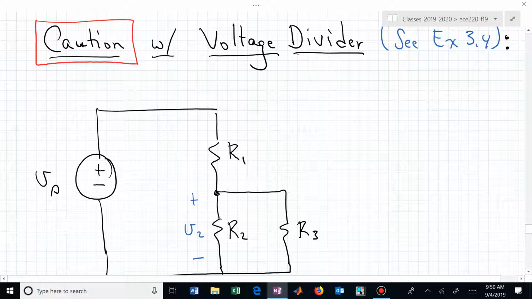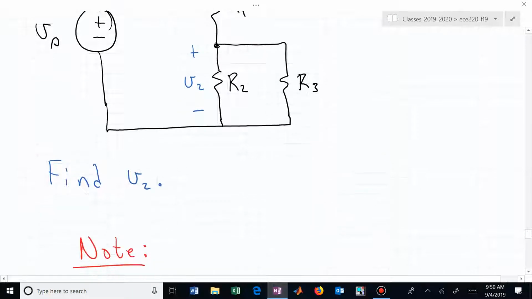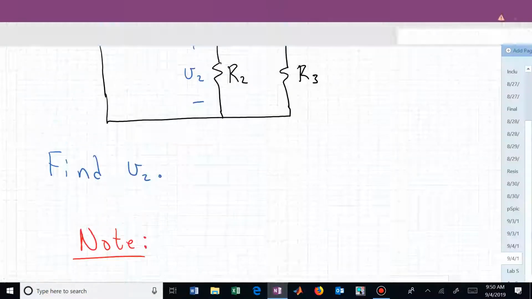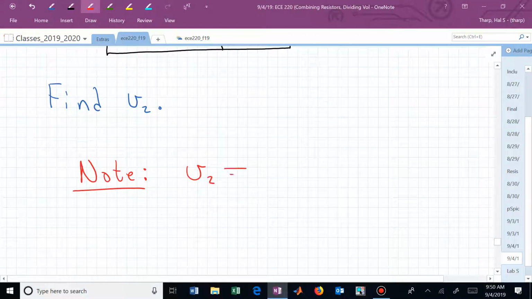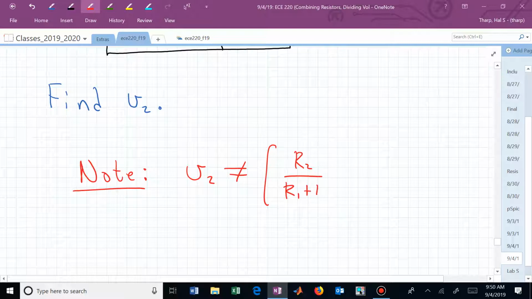That's not the case. V sub 2 is not. So let me finish in red. Note, V sub 2 is not equal to R sub 2 over R1 plus R2 times V sub S.